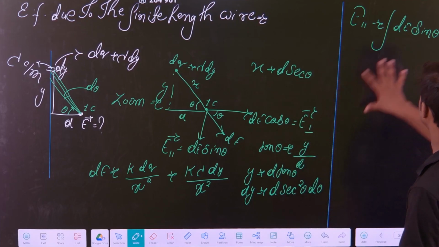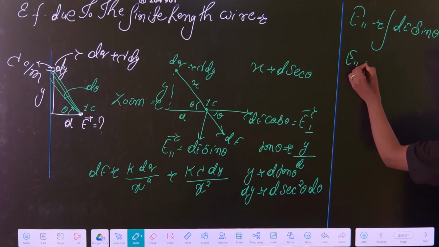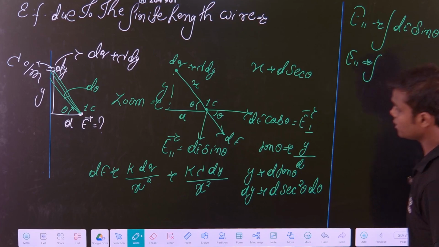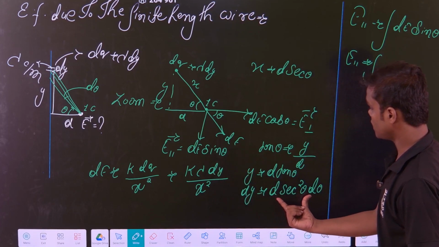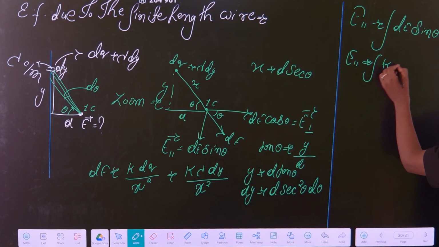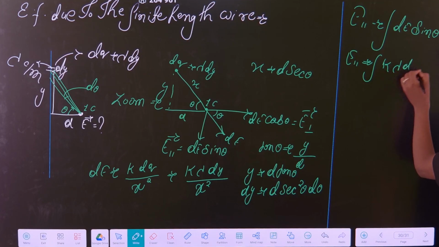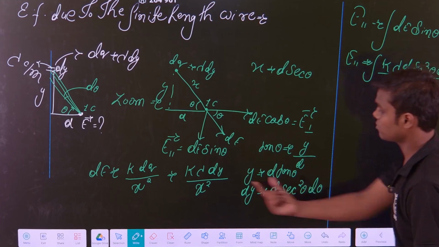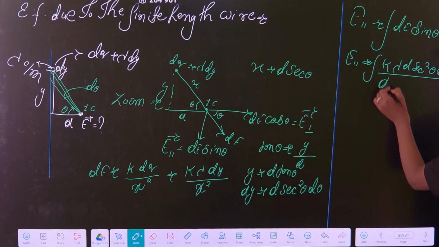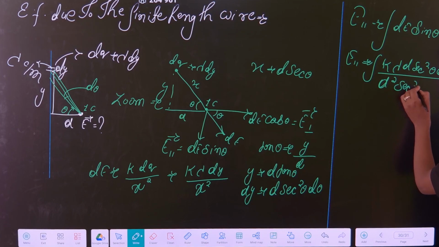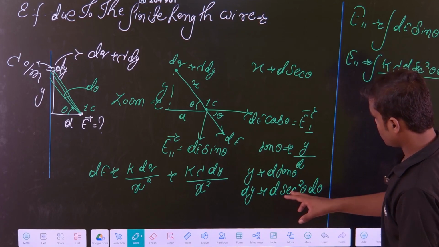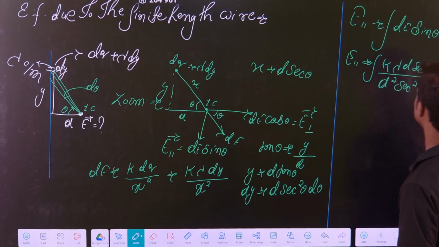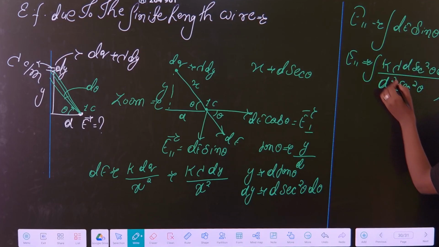Clear? So from here now I can write my E parallel properly. What is my E parallel? See, what is dE? K lambda into dy, with dy being this thing. So I can write K lambda, dy is d sec square theta d theta, divided by x square, that is d square sec square theta, and into sin theta, just multiply it with the sin theta, correct?